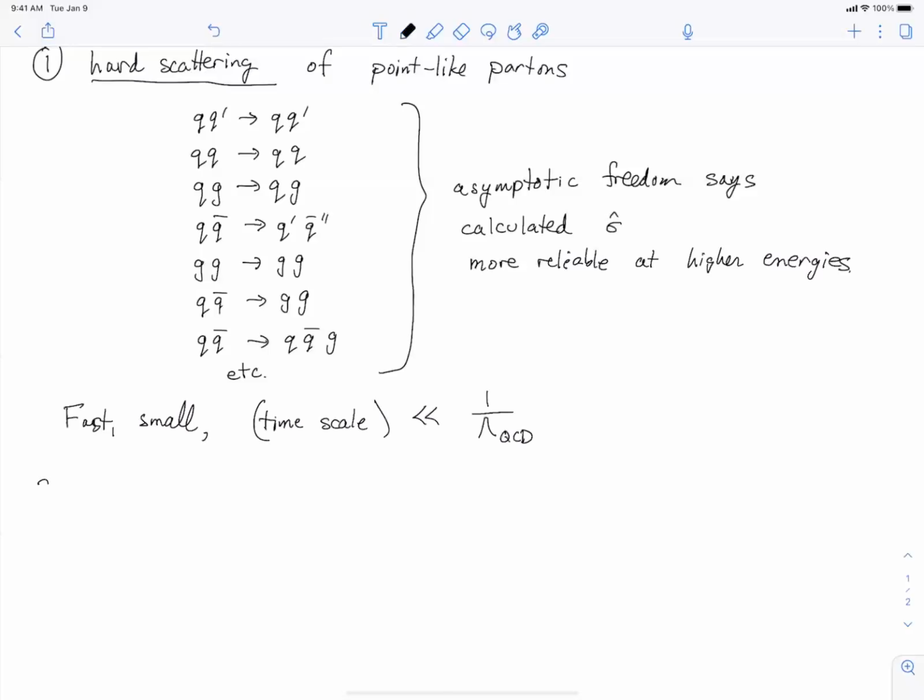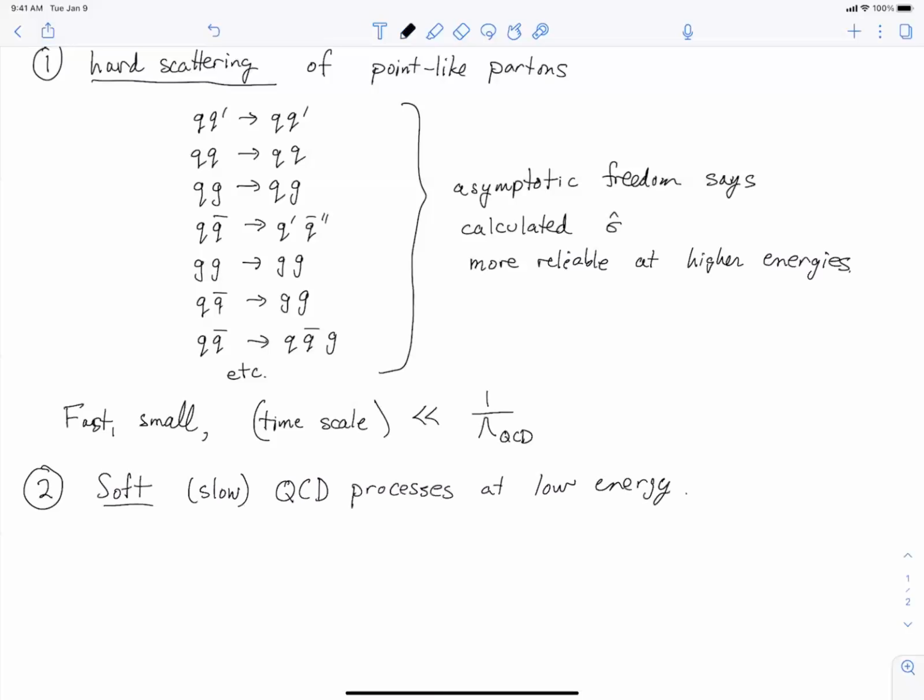And then the other part of the process that we're trying to calculate is soft, which you should think of as slow. These are QCD processes at low energy. What do they consist of?